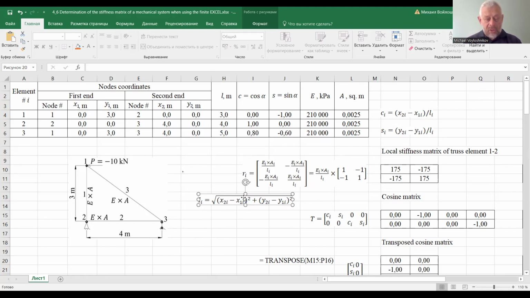The first square is the projection of the finite element on the abscissa axis. The second brackets is the projection of the finite element on the ordinate axis.